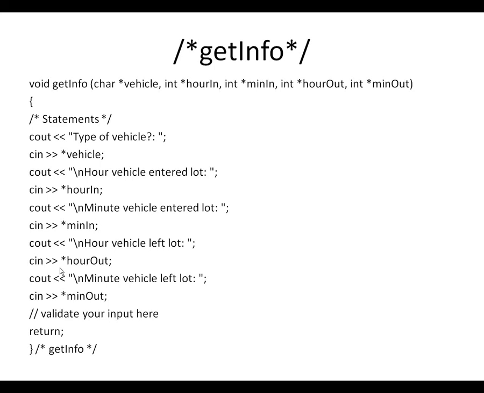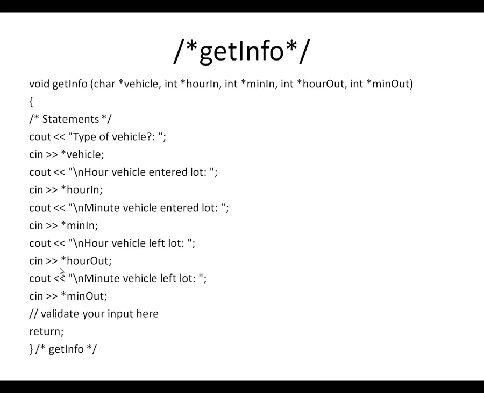Now, when I read in the type of the vehicle, in my cin statement, I'm reading into the location of where the vehicle variable is, so it's visible to everybody in the program. Now I do the same with the other parts that I'm reading in.